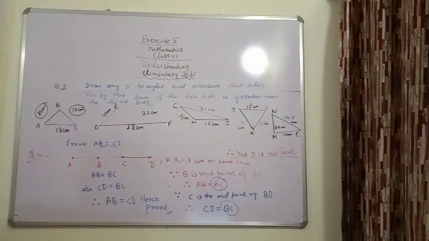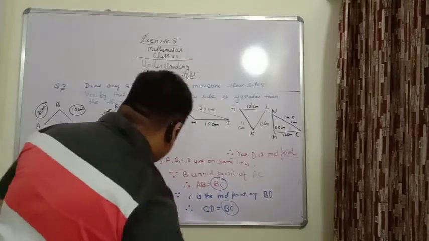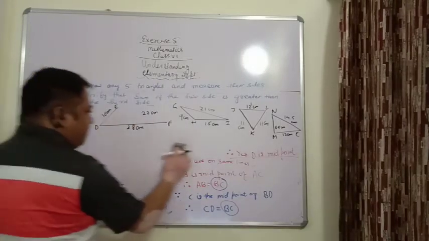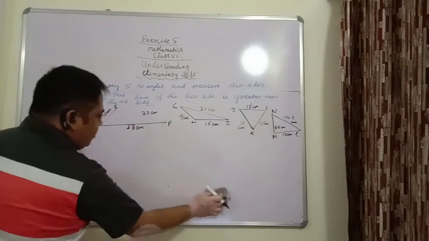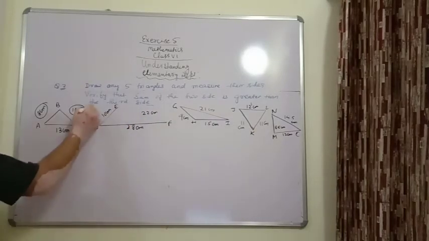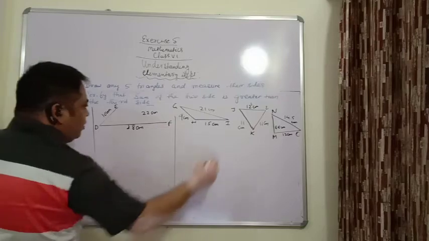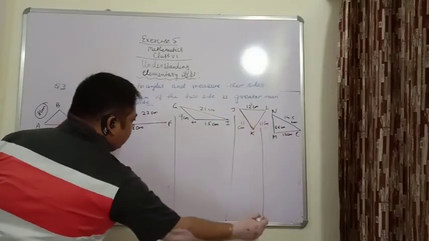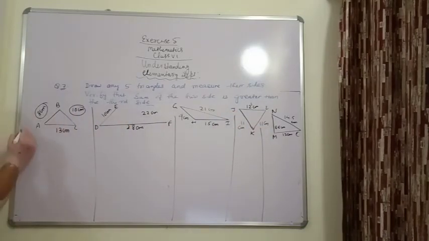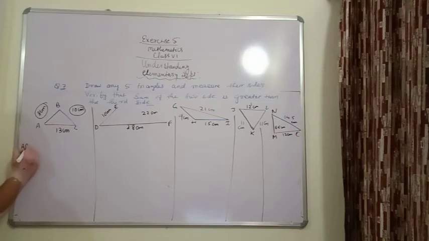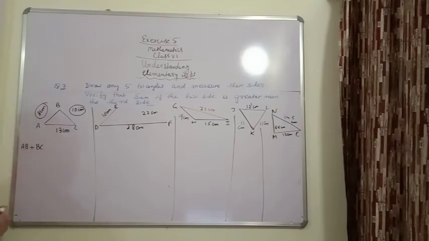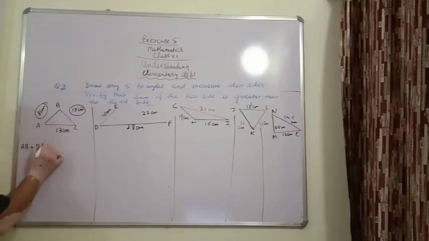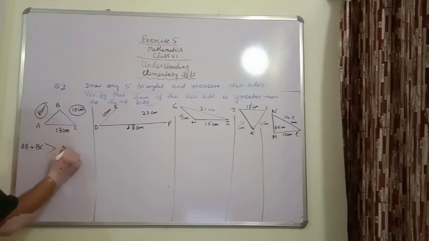So in each of these we will find AB plus BC is greater than AC.